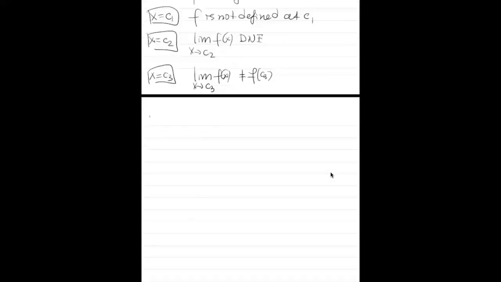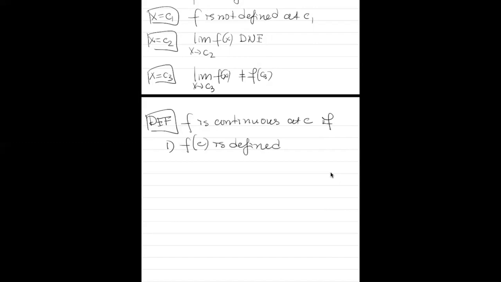We say f is continuous at some point C if three things hold. Number one, it has to be defined: f of C is defined. In other words, C has to be in the domain. Number two, the limit of f of x when x approaches C has to exist.